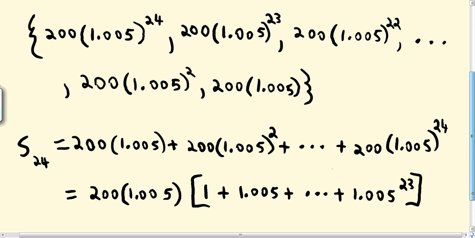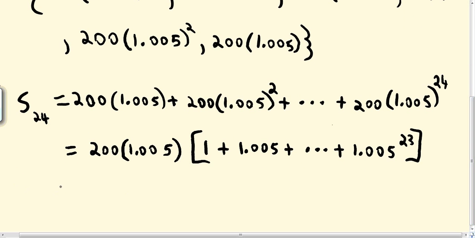Okay, so I still have this 200 times 1.005. And now the inside of this bracket is a very simple geometric sequence. Let me write it this way.